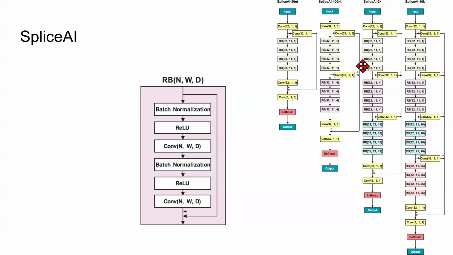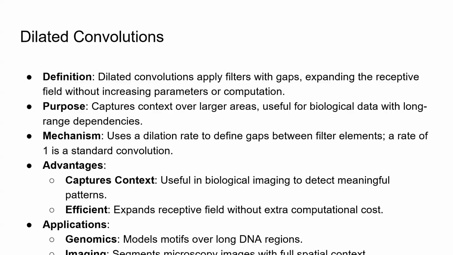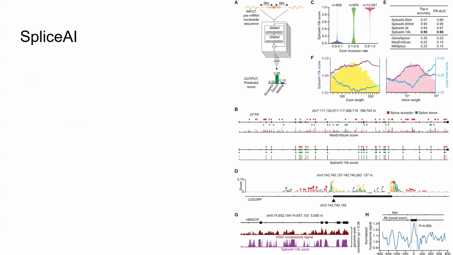And then we take those logits, apply a softmax, and now we get a probability for each point in the DNA, whether it's a splice site or not. So that's basically how SpliceAI works.